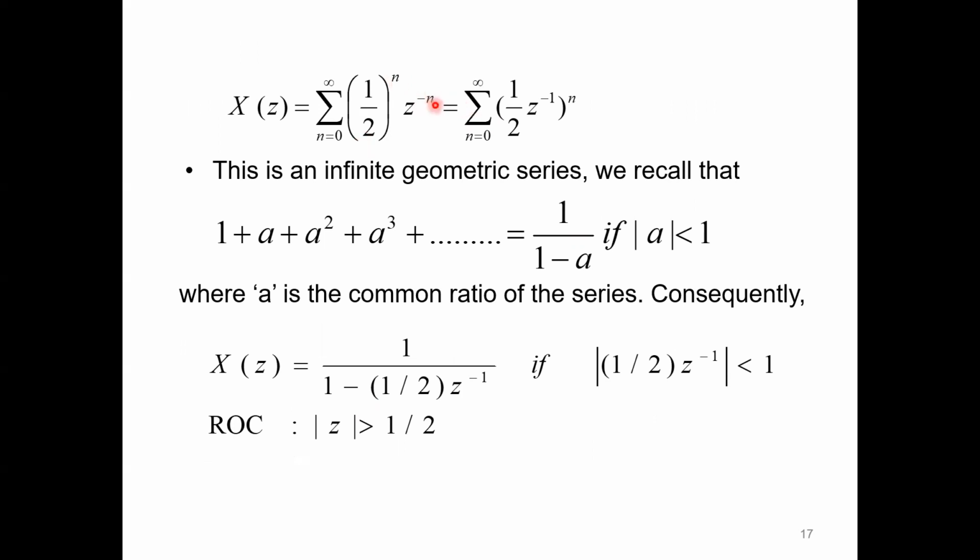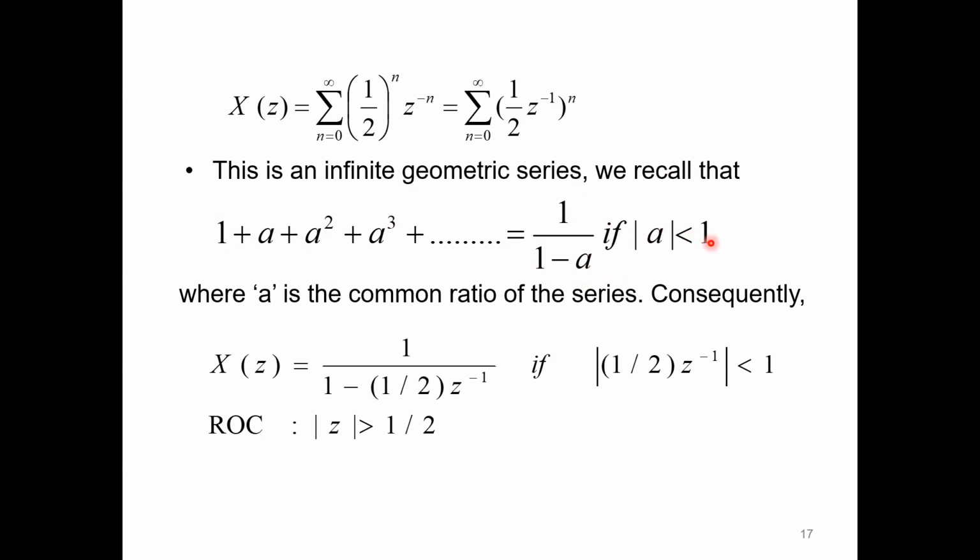So n is common, so you can take it out of the bracket, leaving in the bracket half z to the minus 1. Now this very much looks like 1 plus a plus a squared plus a cubed and so on. And the answer is 1 over 1 minus a, provided the magnitude of a is less than 1, for the very same reasons we discussed earlier, right?